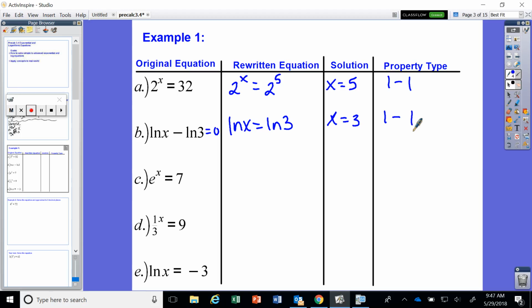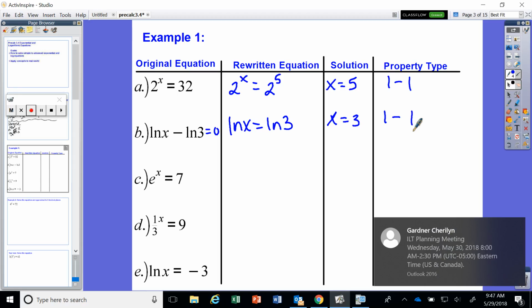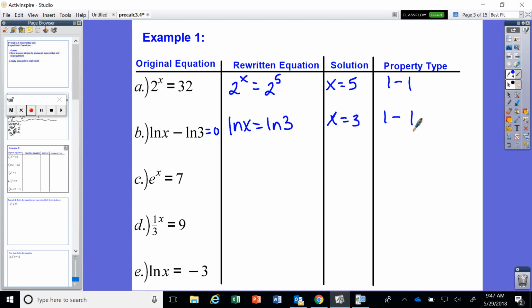What about e to the x equals 7? Well, this one's a little bit more of a challenge. However, we can use our properties about our logarithms to rewrite this a little bit. In an example like this, where I want to get x out of the exponent, what allows me to do that?